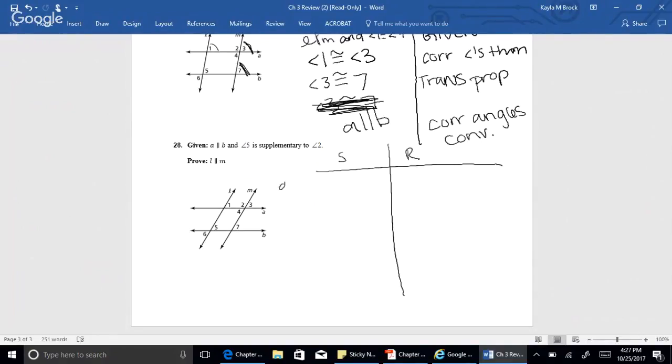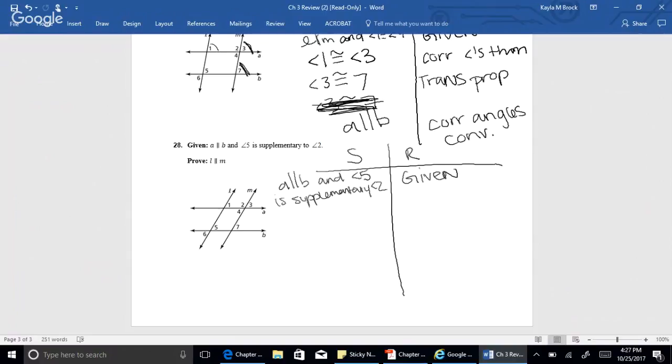My statement, I'm going to copy down my given information, which is A is parallel to B and angle 5 is supplementary to angle 2.